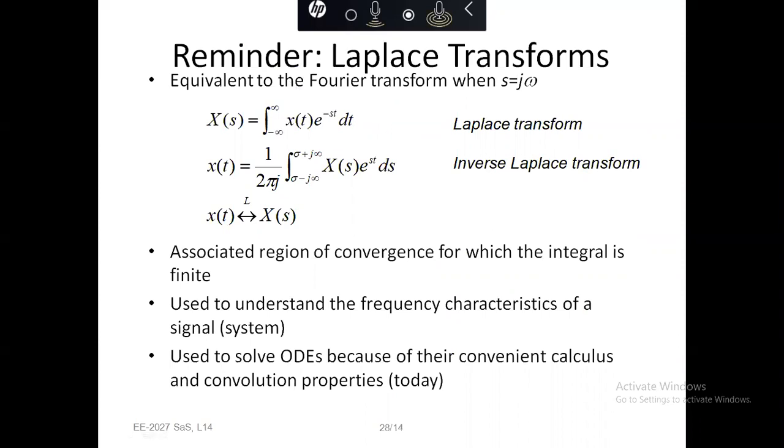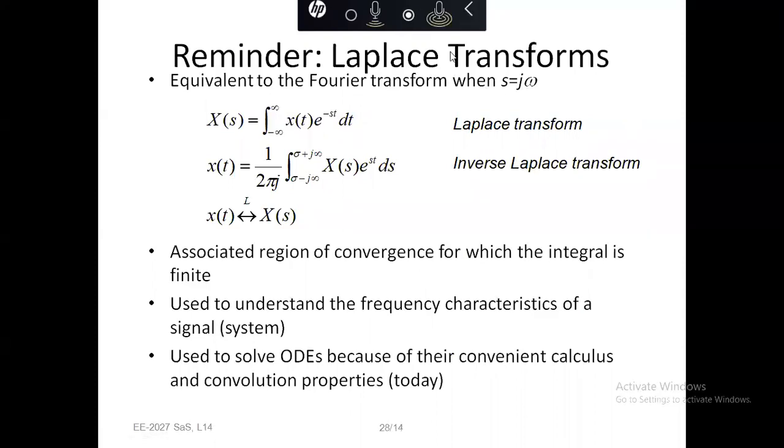Actually, the Laplace transform is equal to the Fourier transform when s is equal to j omega. If s is purely imaginary, we have the Fourier transform equivalent to the Laplace transform.